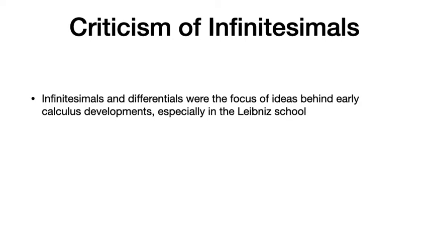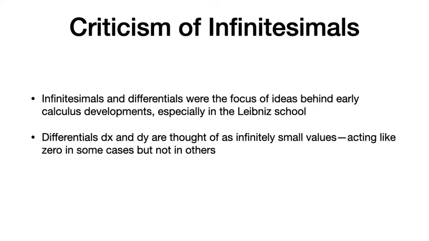Leibniz's was very explicitly dealing with infinitesimals. As I mentioned, the differentials dx and dy are thought of as infinitely small values. In some cases they act like 0, and in other cases they don't. When you put them in ratio with each other, they act as regular values, but when they're on their own, they act like 0.